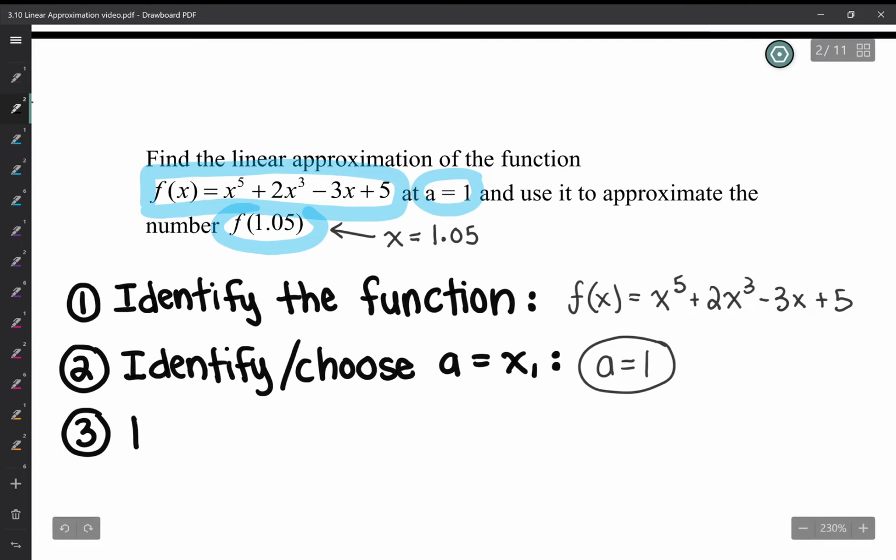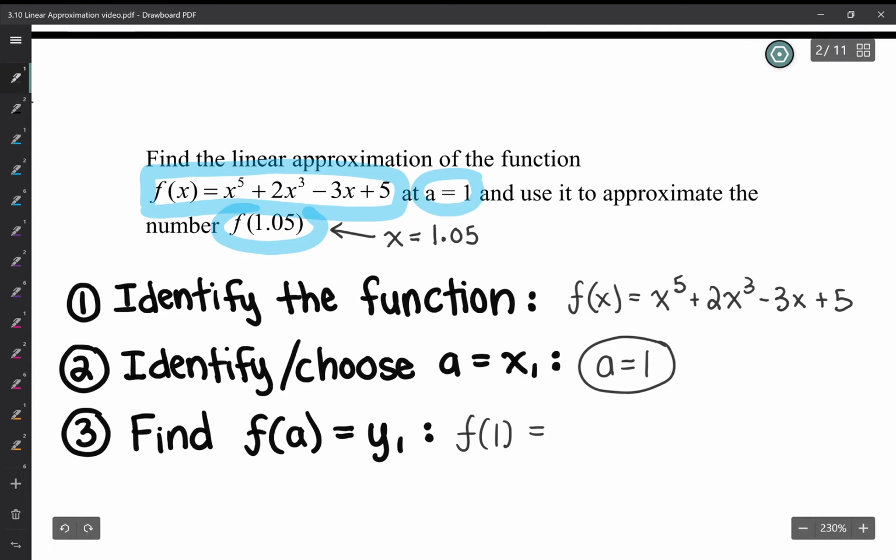Next, we want to find f of a, which is that y1 from our point-slope form. So we need to substitute a into our function. In this case, a is equal to 1, so we're finding f of 1 is equal to 1 to the 5th power, plus 2 times 1 cubed, minus 3 times 1, plus 5.